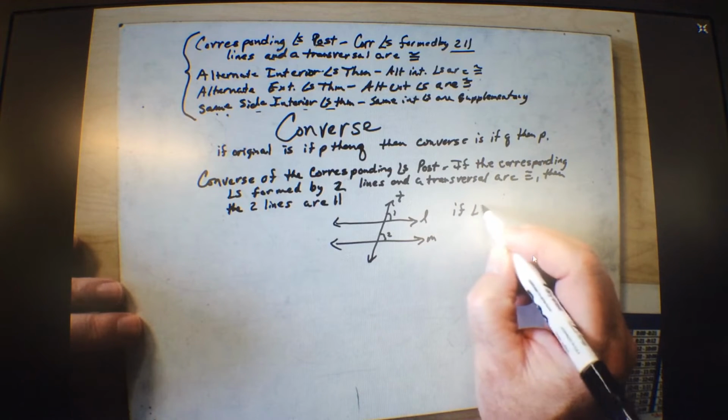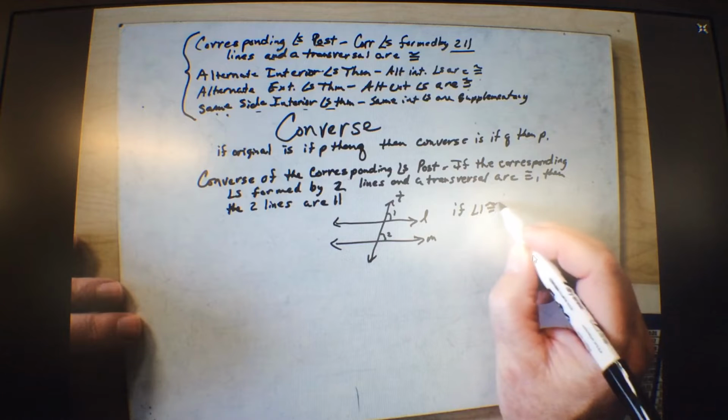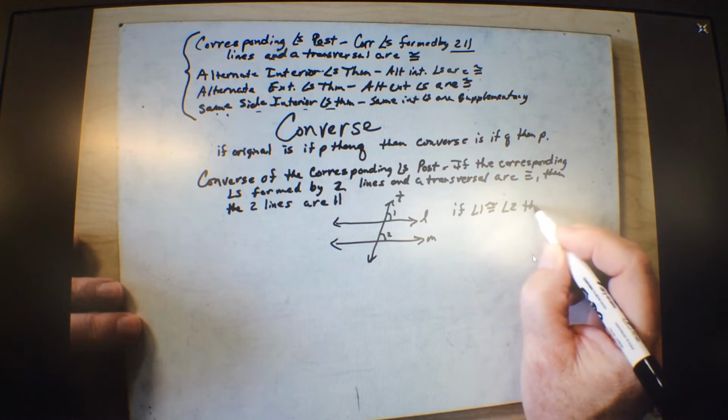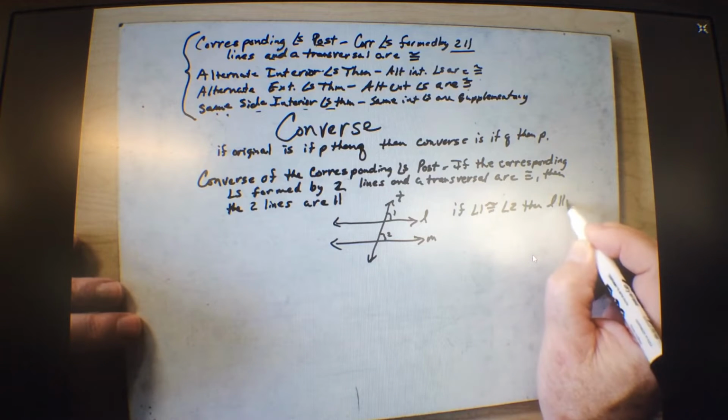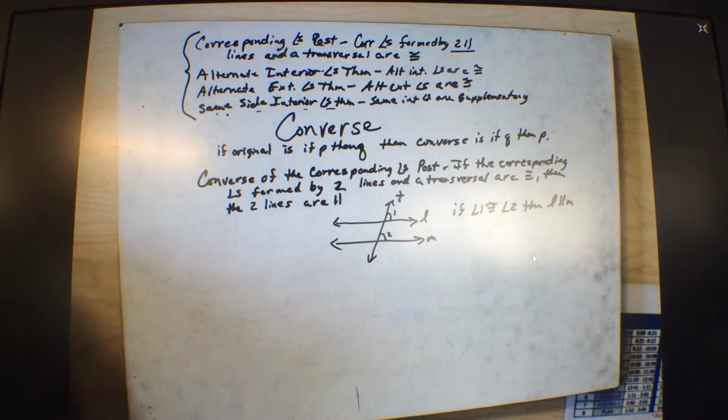If angle 1 is congruent to angle 2, then L is parallel to M by the converse of the corresponding angles postulate. Do you understand that these are two different postulates? Do you get that?